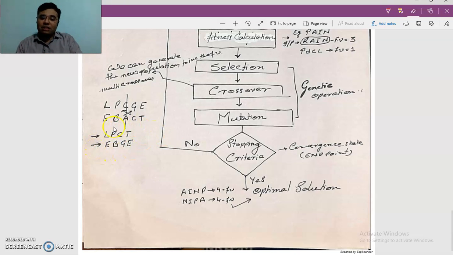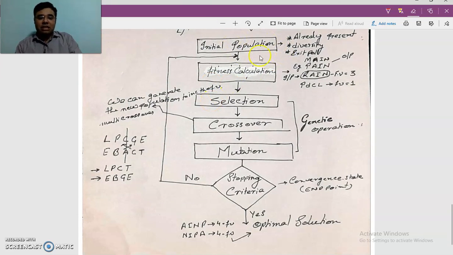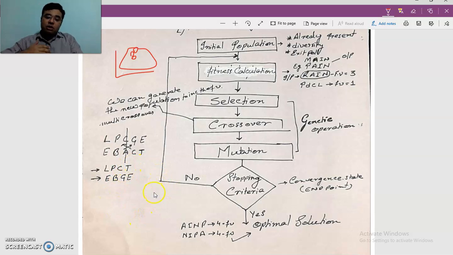So suppose we have this set of values present here, and again from this diversity of population, suppose this is the diversity of population, I have selected some more values. Then again we make the optimization.